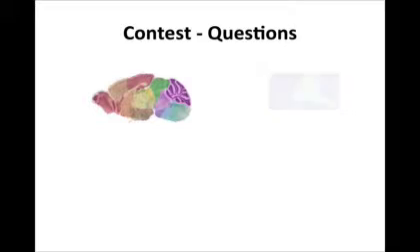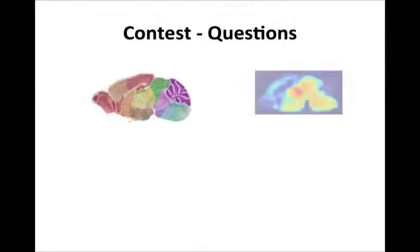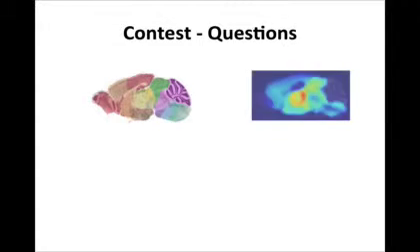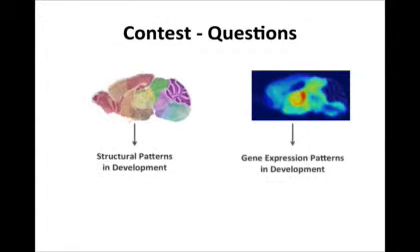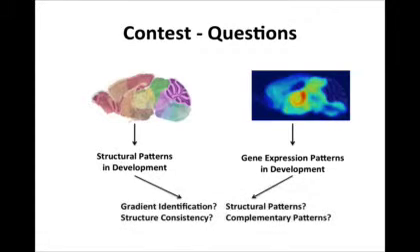At the same time, gene expression energy is also collected. Therefore, based on the structural patterns and the gene expression patterns in development, how to answer the following questions: gradient identification, structural patterns, structural consistency, and complementary patterns.